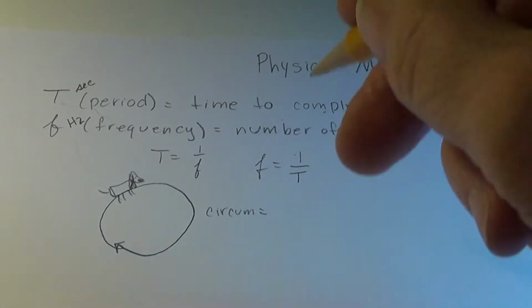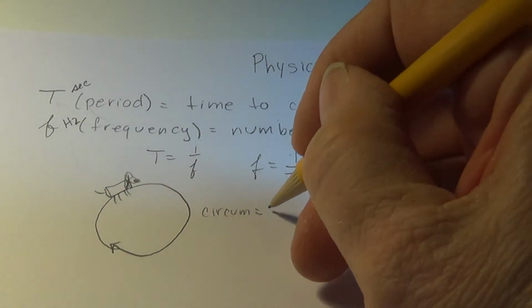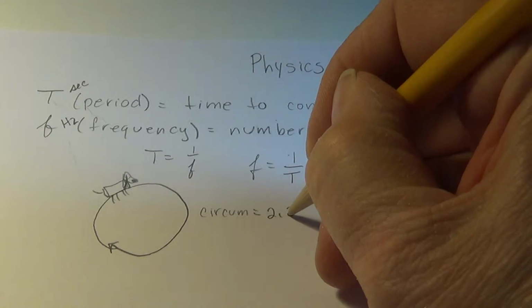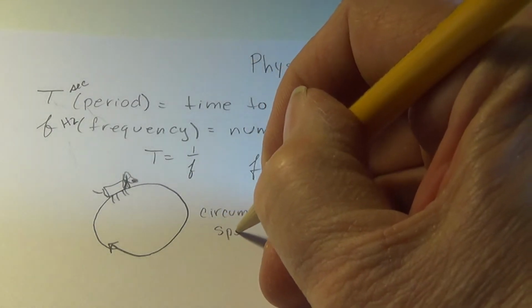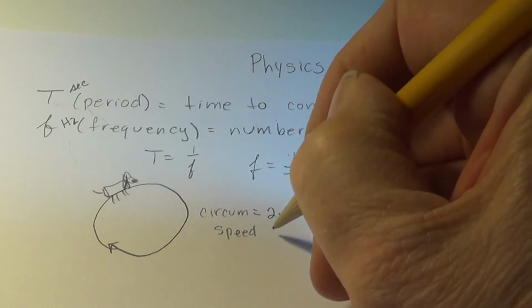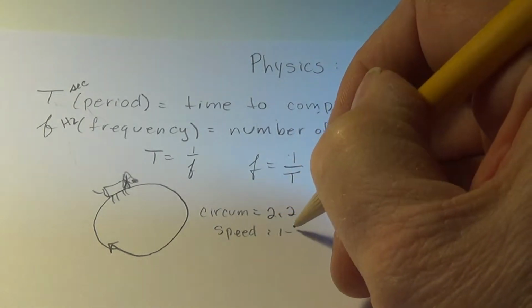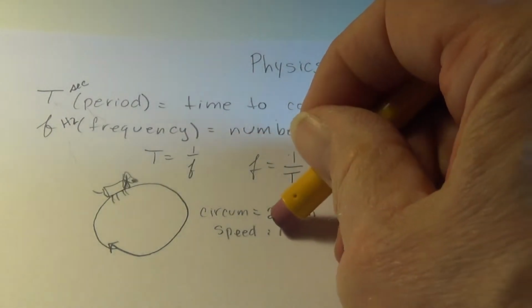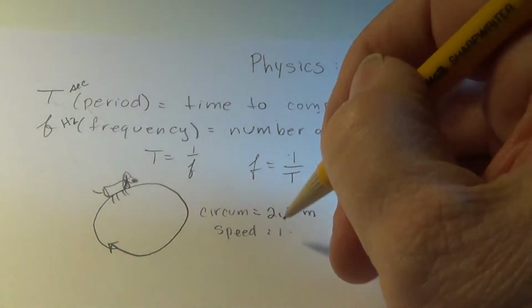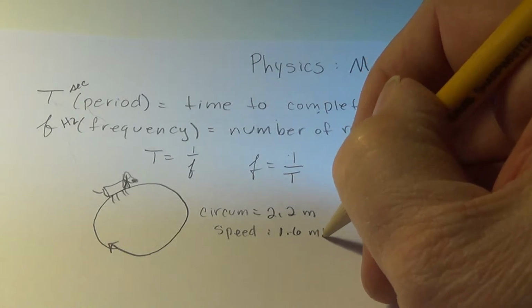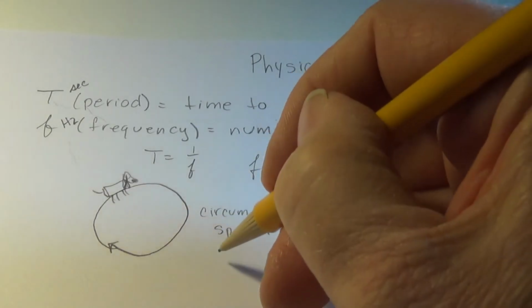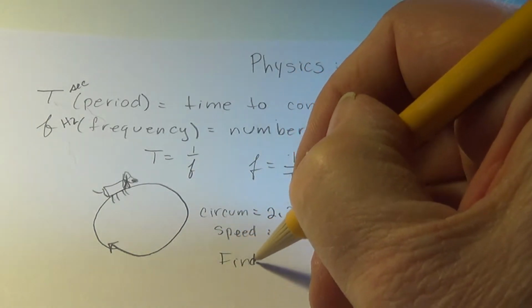Write this on your own note paper. 2.2 meters is the circumference, and the speed that the animal is uniformly running is 1.6. Amazing dog, he runs at a constant velocity, 1.6 meters per second. And I want you to find the period.